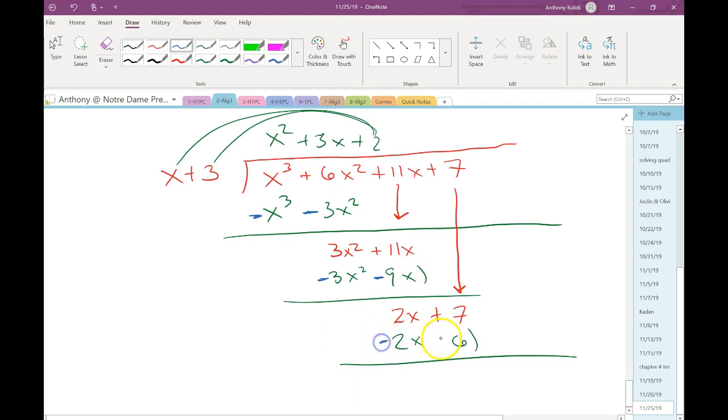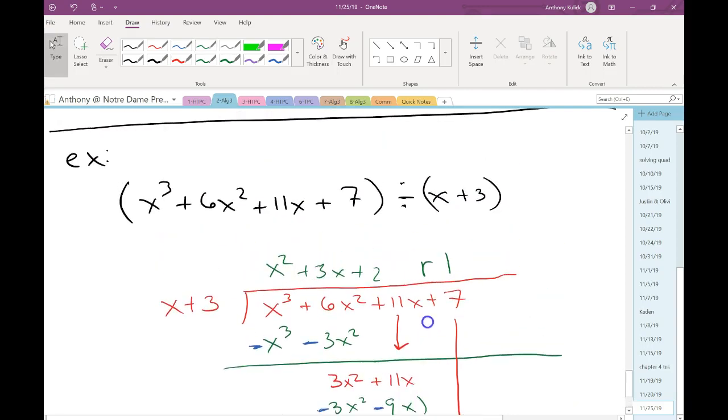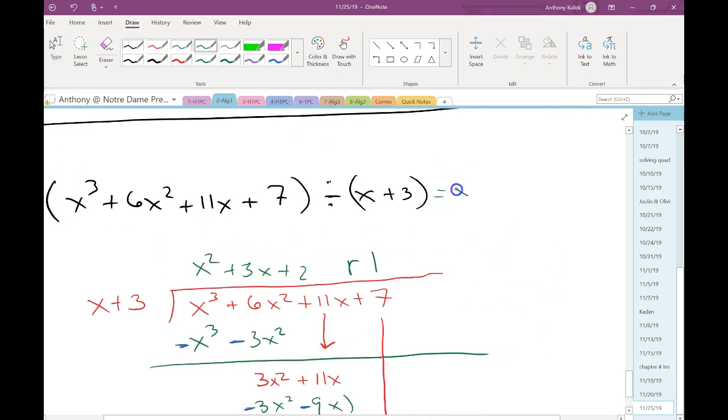So I'll end up with a minus 2x and a minus 6. When I subtract down, I get 1. Can x go into 1? No, right? There's just 1. So that's my remainder. So the way that I would write my final answer then, this is equal to x squared plus 3x plus 2 plus the remainder over the divisor.